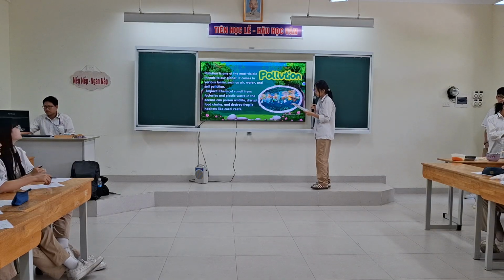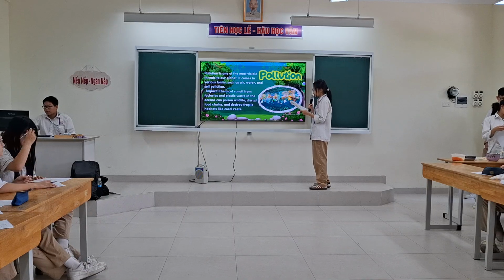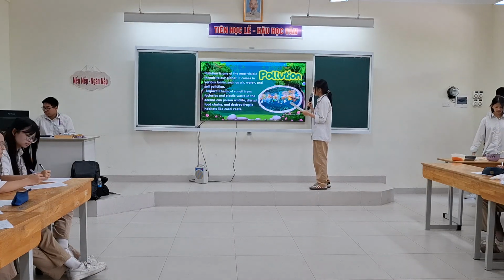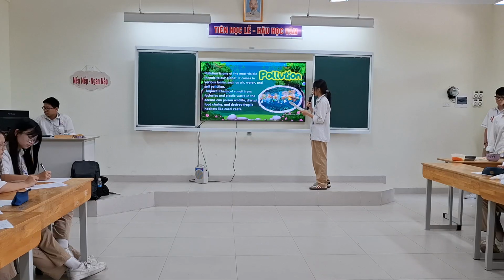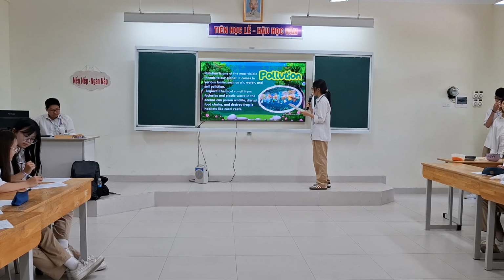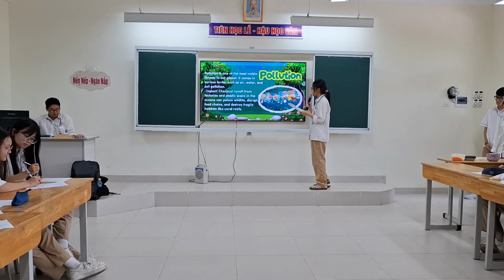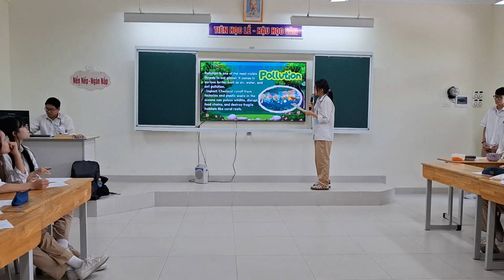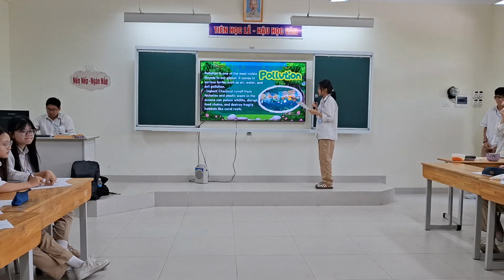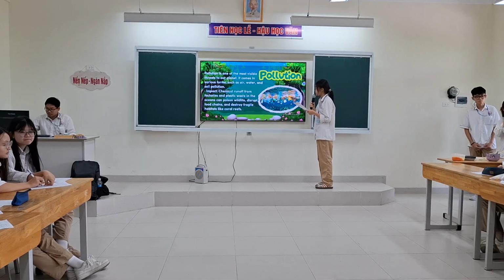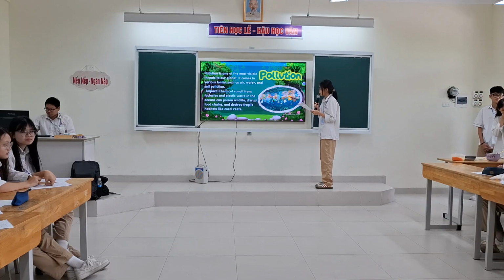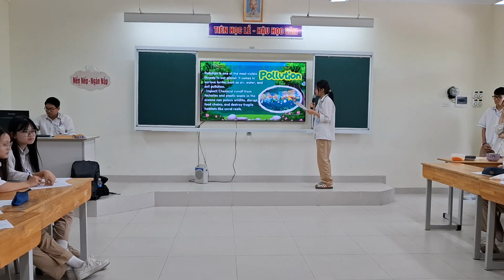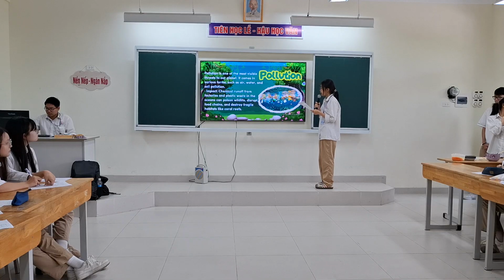Threats to ecosystems. Pollution is one of the most visible threats to our planet. It comes in various forms such as air, water, and soil pollution. Impact: chemical runoff from factories and plastic waste in the oceans can poison wildlife, disrupt food chains, and destroy fragile habitats like coral reefs.